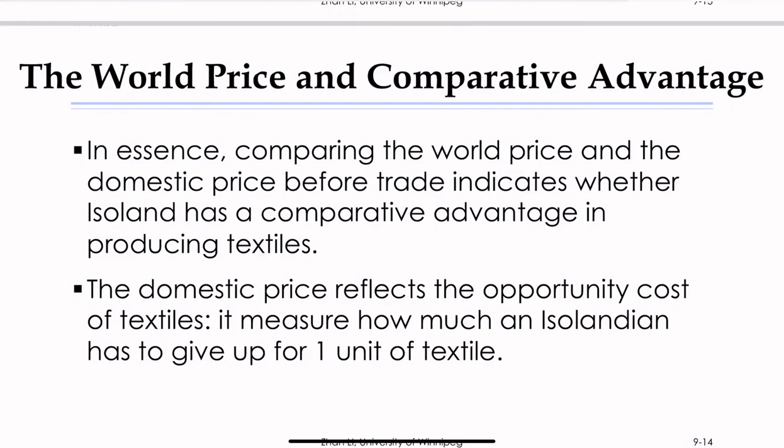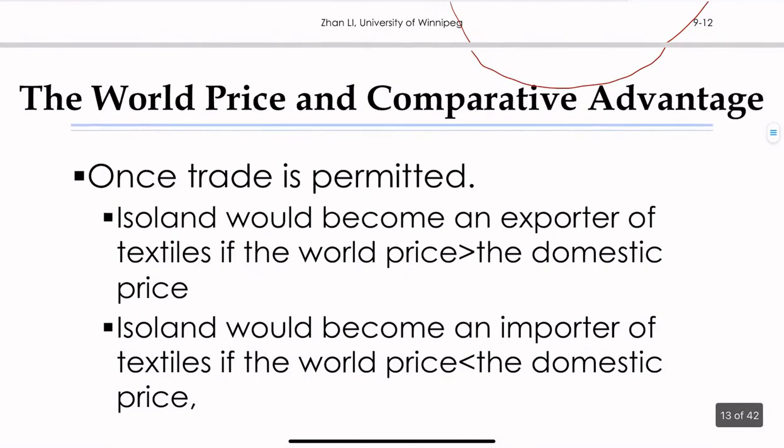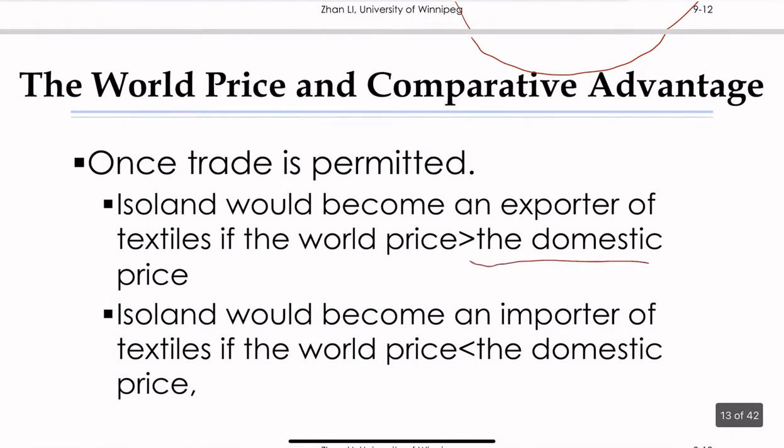So if the domestic price is smaller compared with the world price, it basically implies that Iceland has a comparative advantage in producing textiles. So in this case, Iceland should specialize in producing textiles and become an exporter of textiles.